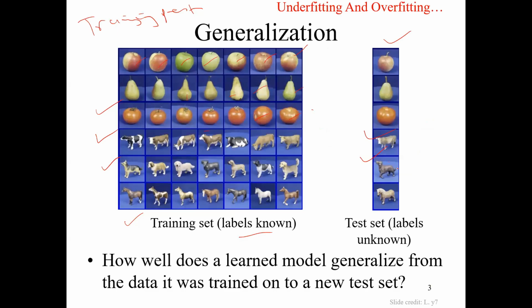Now, once we give back the testing set, we want to see, is it going to work? That's why we answer the question, how well does a learned model generalize from the data it was trained on to a new test set? So after we have checked the training set performance, we now go to testing set performance.